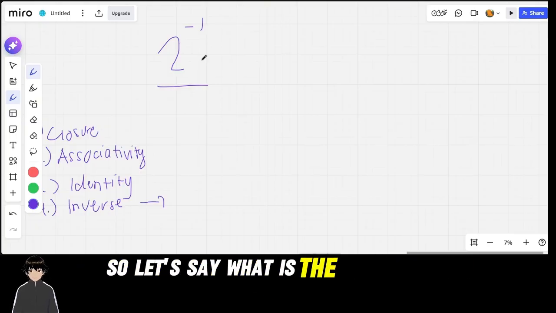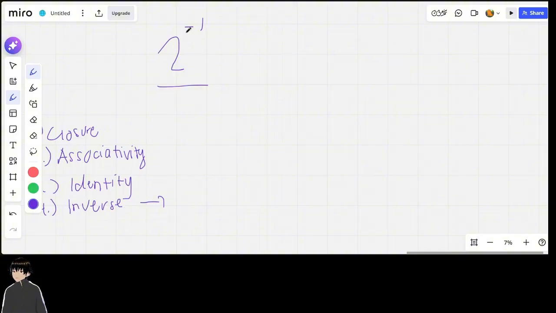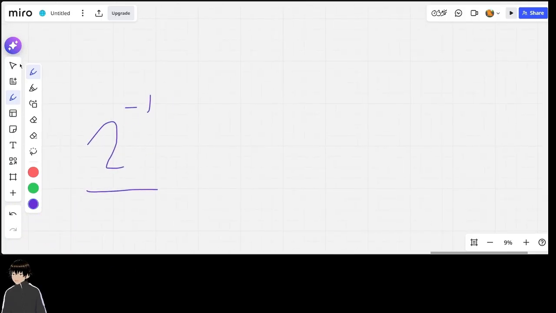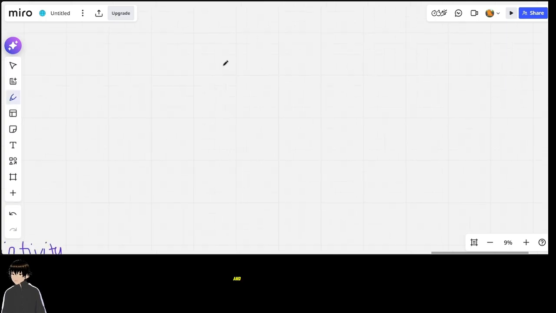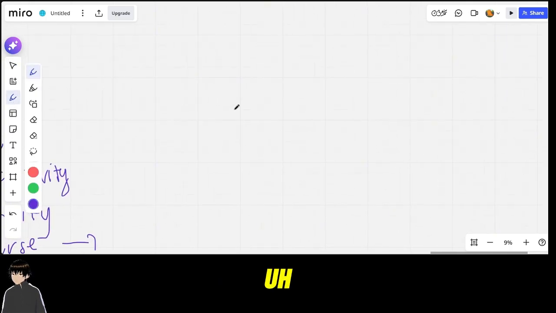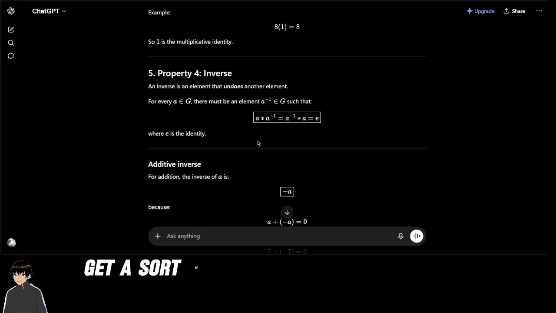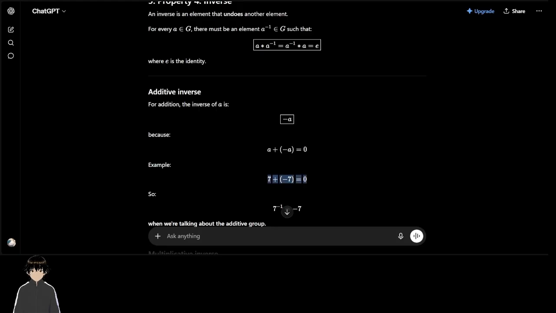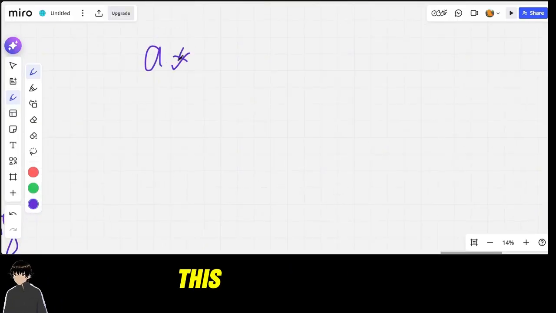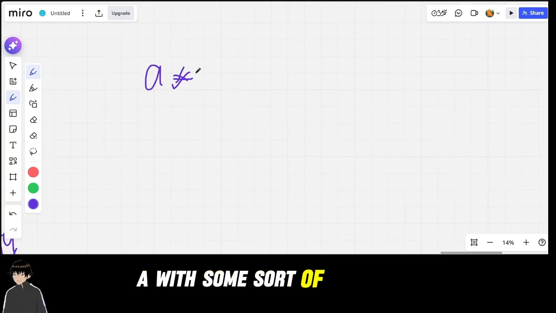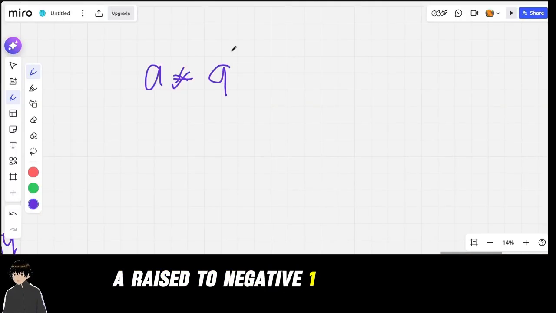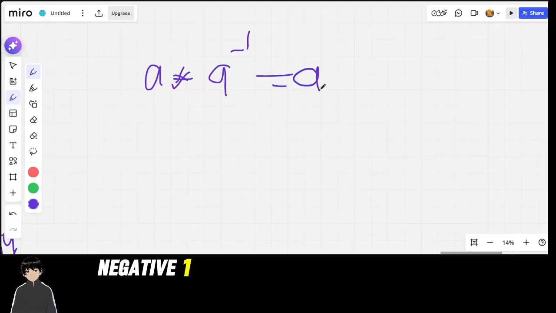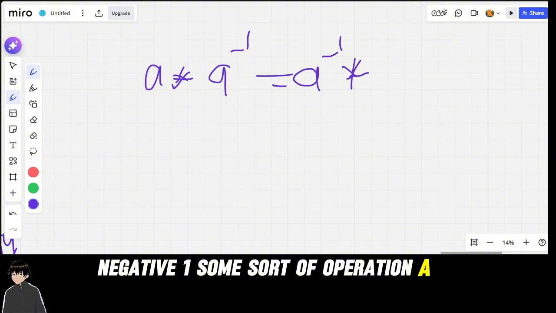So let's say, what is the inverse of 2? Let's say we're doing addition, and let's get an example here. Let's say you have 7. Now using this generic formula, a with some sort of operation, a raised to negative 1 is equal to a negative 1, some sort of operation, a is equal to e.